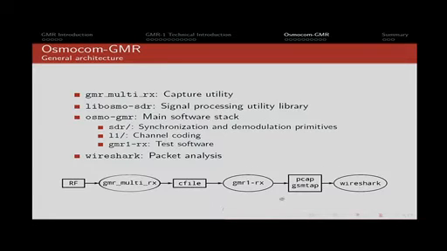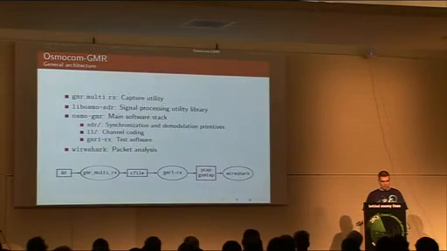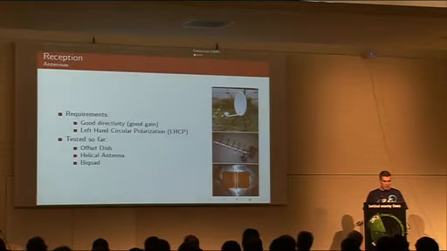Those are processed by the GMR1 RX, which is our main test software application, and they're forwarded to an extended version of GSM Tap to Wireshark, where we can see the packet content and start looking into the data that are exchanged. So let's start with capturing.